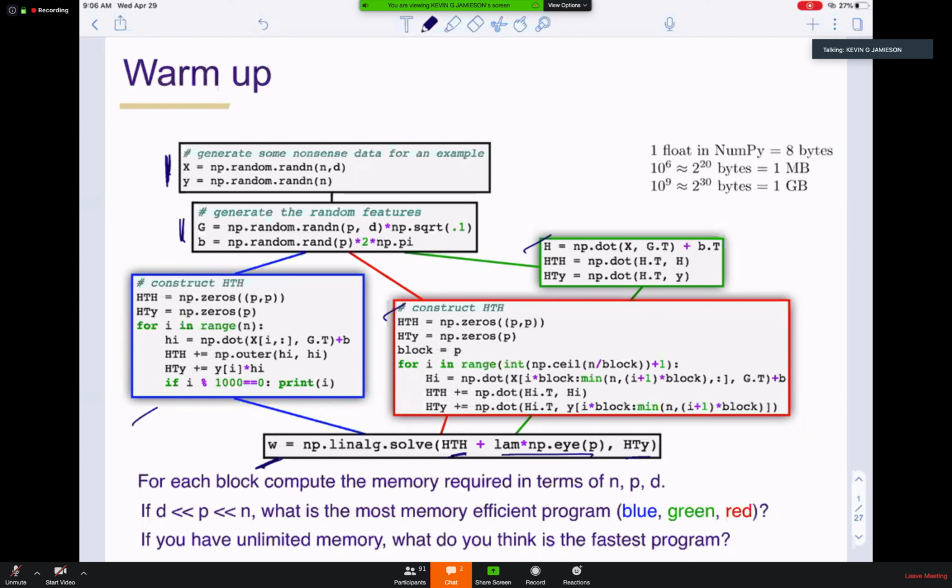Okay, so let's talk about this. What this is doing is just some operations. And by the way, this should be cosine.